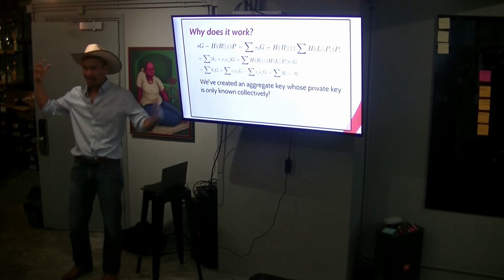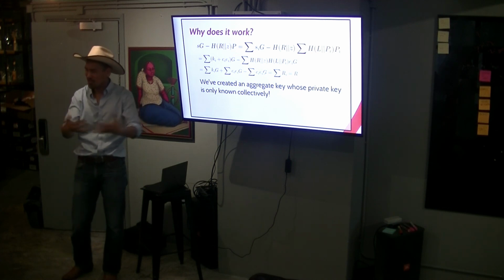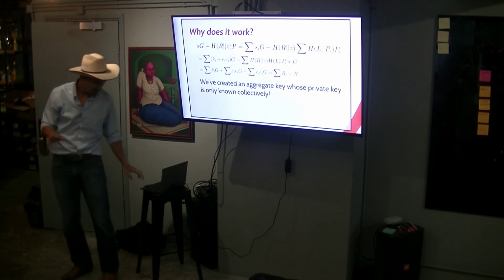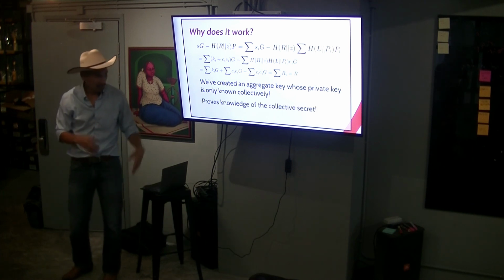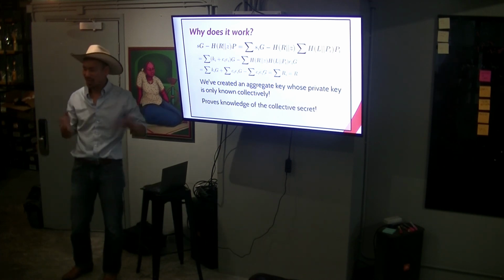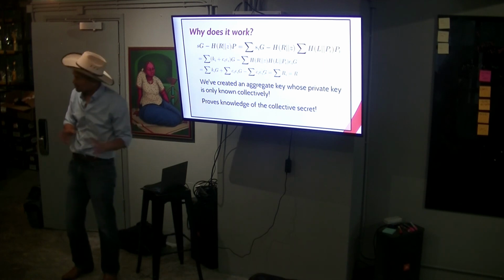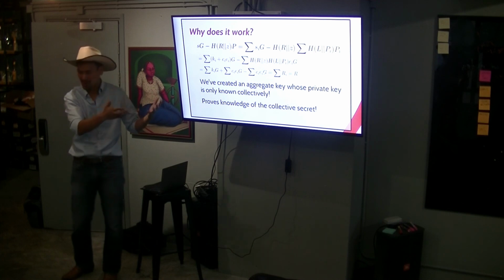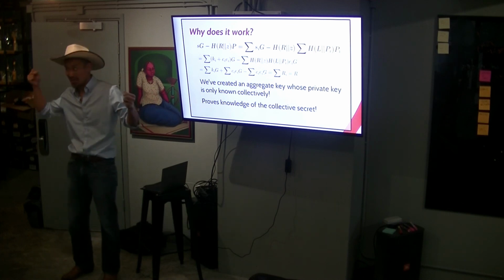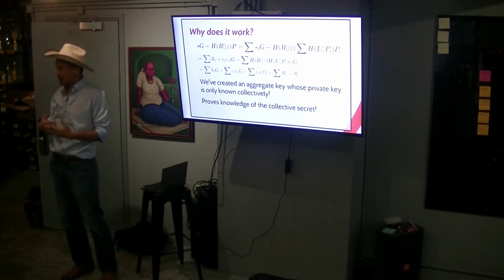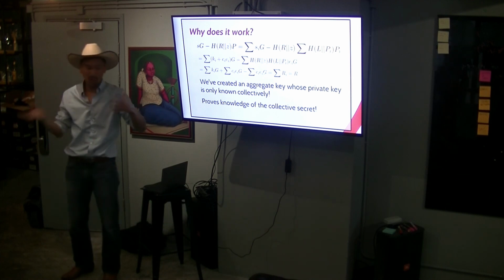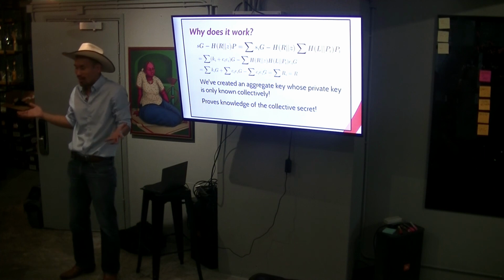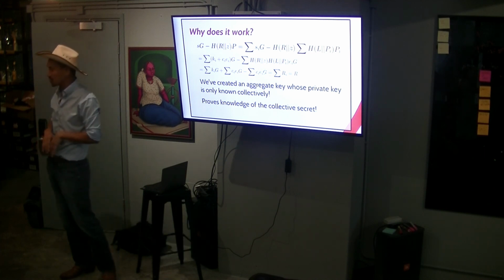You have this aggregated signature that no individual can create, and it really proves knowledge of the collective secret, which is a really cool concept. That's the whole idea behind MuSig: you not only aggregate the signature, you aggregate the pub key, so you have no idea who signed it or how it was combined.